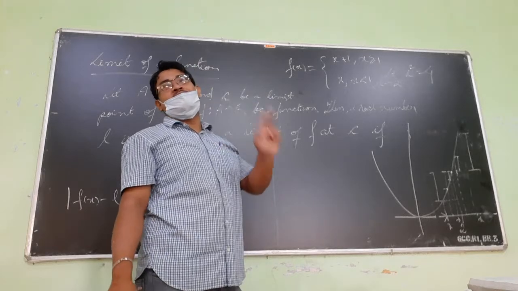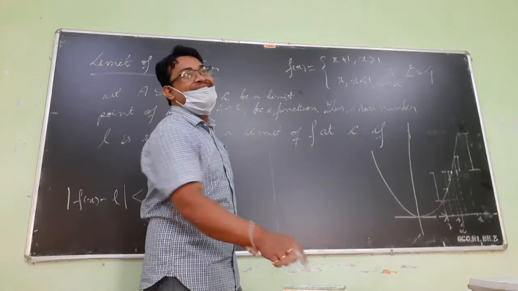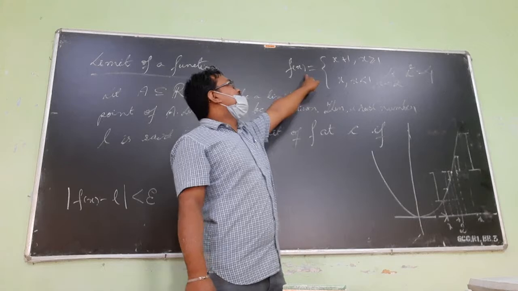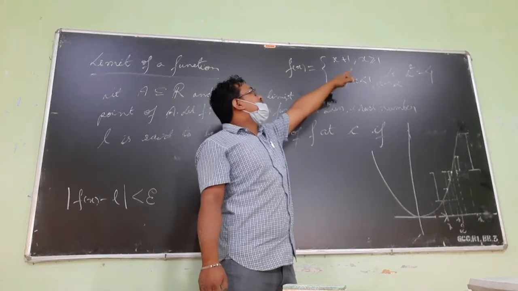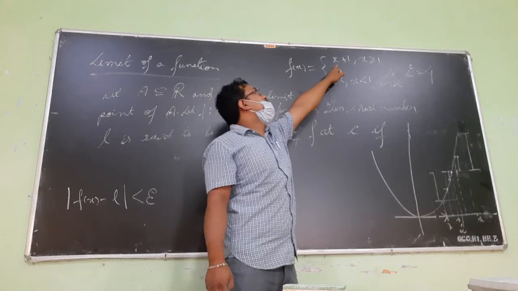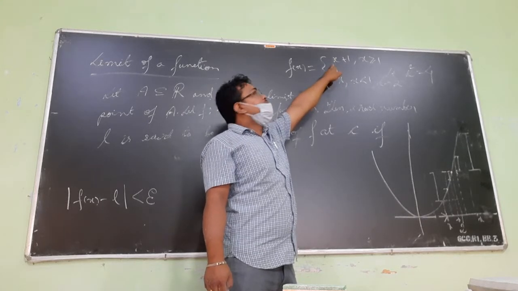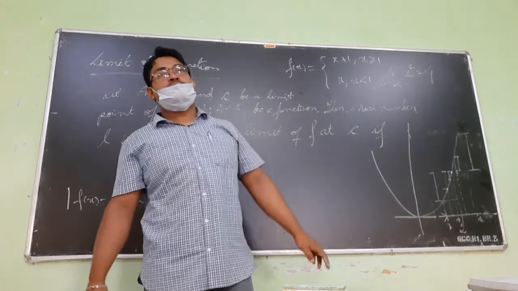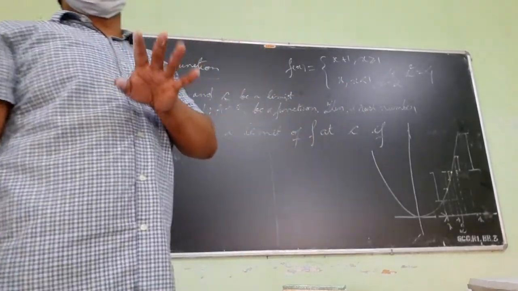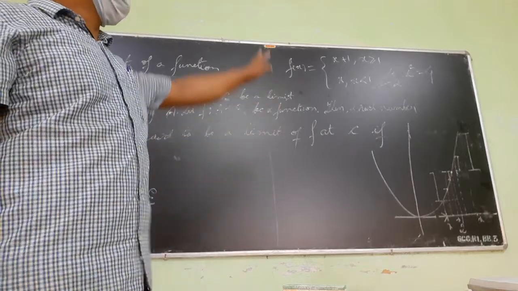What is the right hand limit? When x tends to 1 plus, the right hand limit is 2. What is the left hand limit? 1. So this limit does not exist. Left hand limit and right hand limit are unequal.